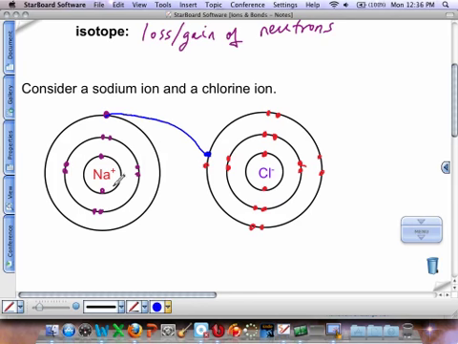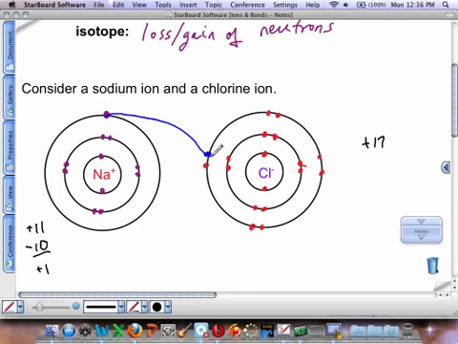Sodium starts off with 11 protons, which means it has a positive 11 charge, right? And then after it gets rid of that electron, how many electrons does it have now? 10. So therefore it has a plus 1 charge. When we look at chlorine, chlorine starts off with 17 protons.